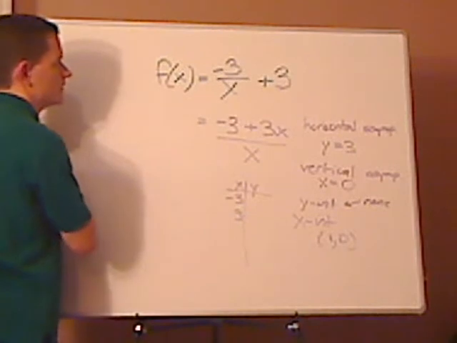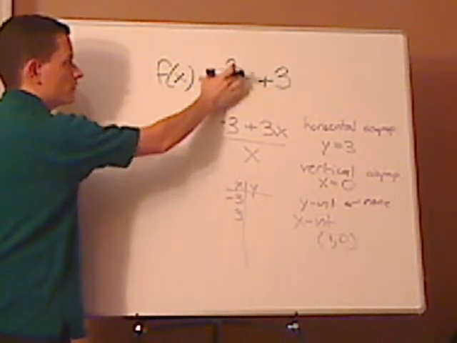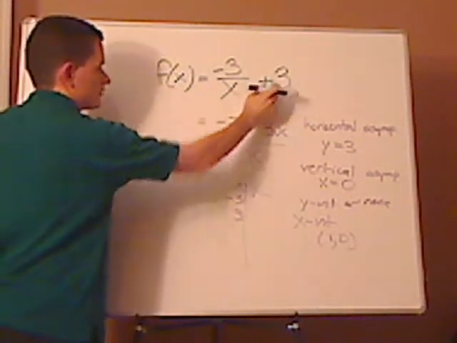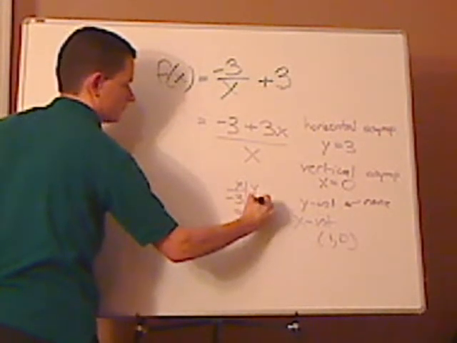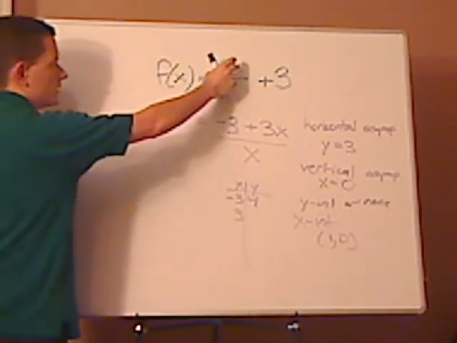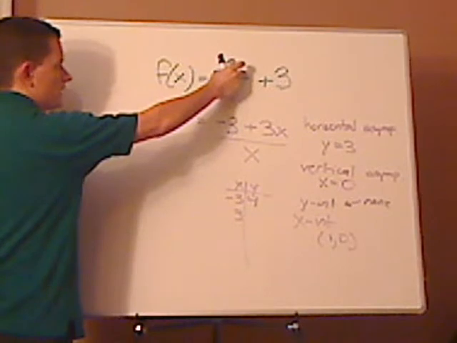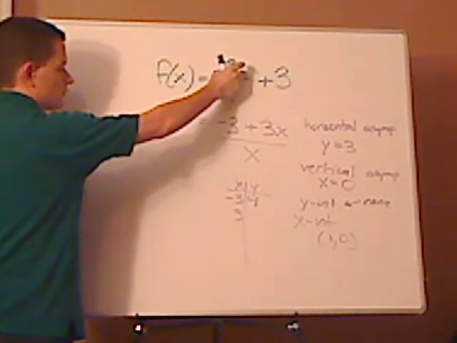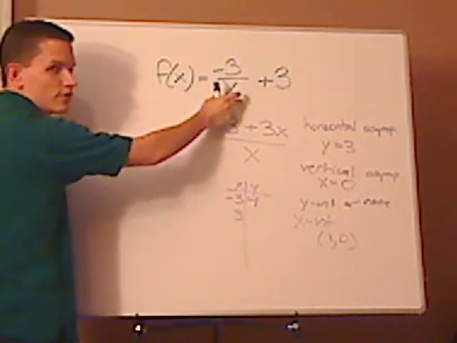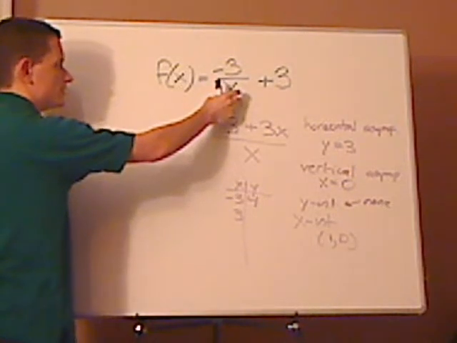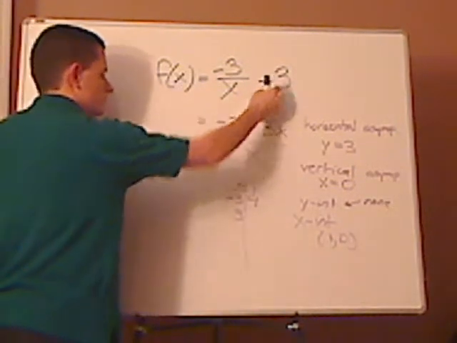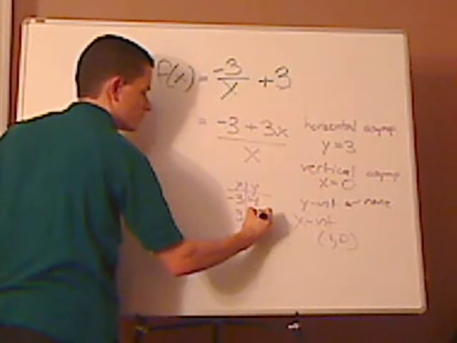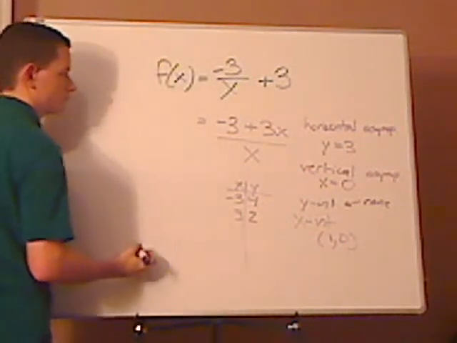So if I plug in -3, -3 over -3 is 1, and 1 plus 3 is 4. I plug in -3, or sorry, +3, so it's -3 over +3, which is -1 plus 3. -1 plus 3 is 2.